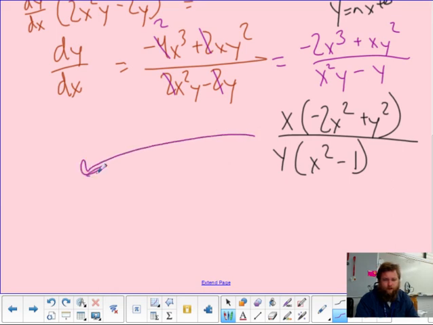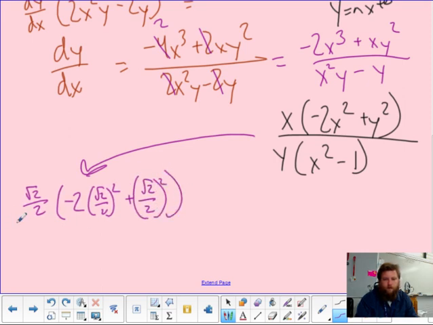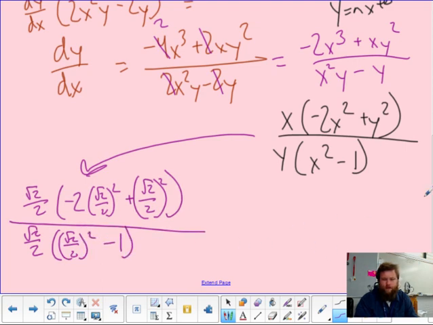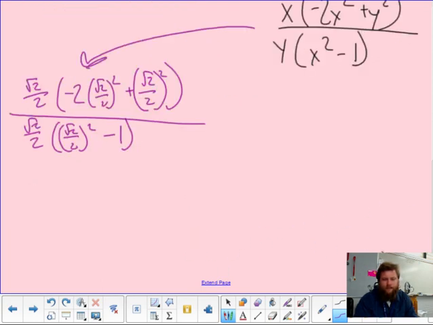I'm going to do the work over here. So I get square root of 2 over 2 times negative 2 times square root of 2 over 2 squared plus square root of 2 over 2 squared, all over the y, which is square root of 2 over 2, times square root of 2 over 2 squared minus 1. Simplifying and canceling things out that we can, square root of 2 over 2 cancels.